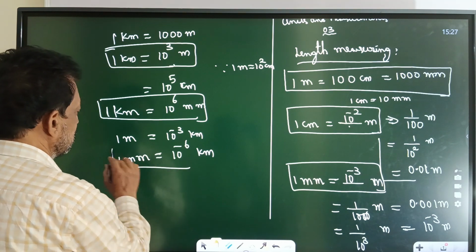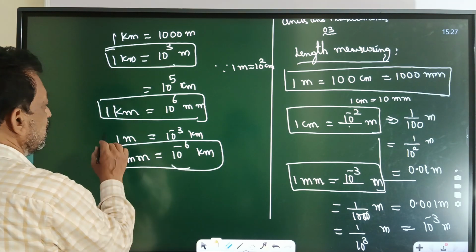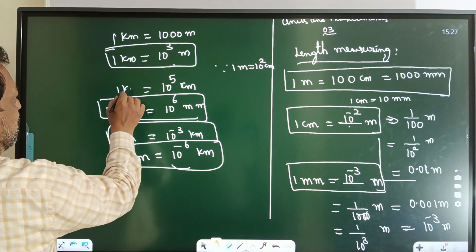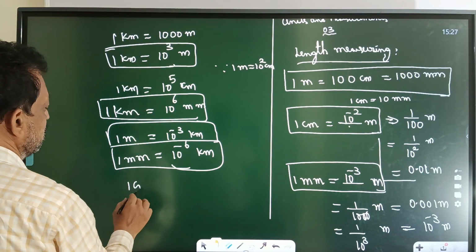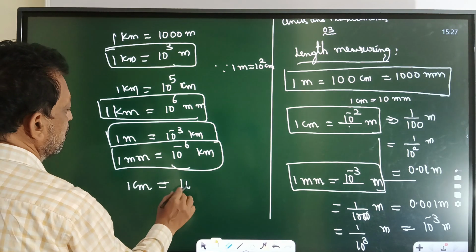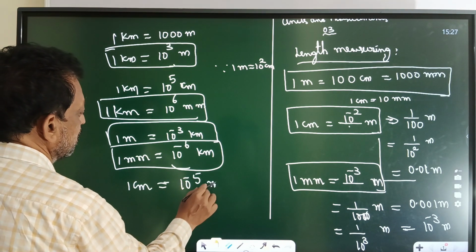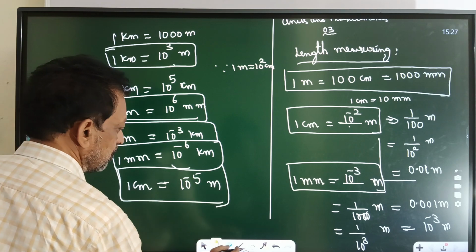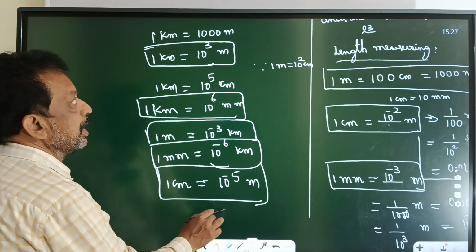So these conversions are very important. 1 centimeter is equal to 10 to the power of minus 5 kilometer. So that is called length measure.